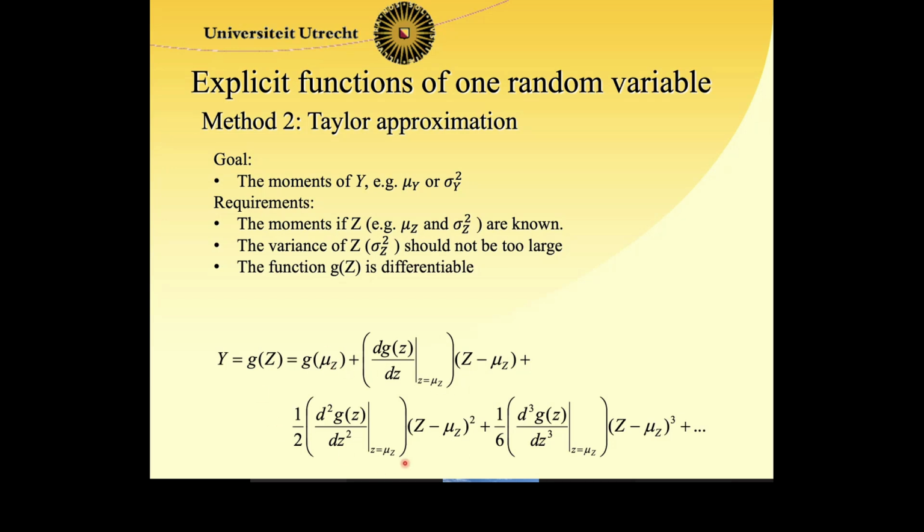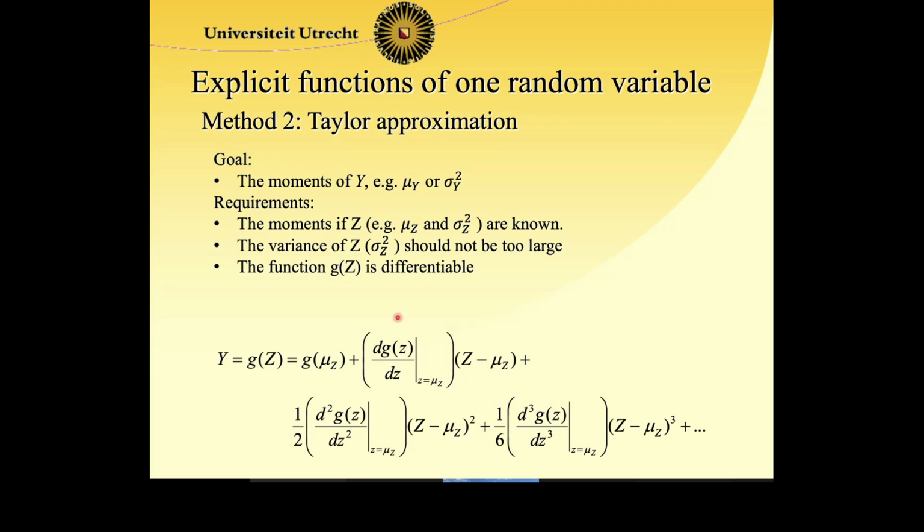Then taking the second order derivative, multiplying times z minus the mean squared. The third order derivative, multiplying times z minus mean to the power of 3, etc. So this is a Taylor approximation.